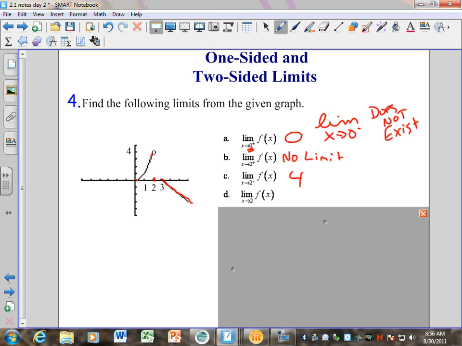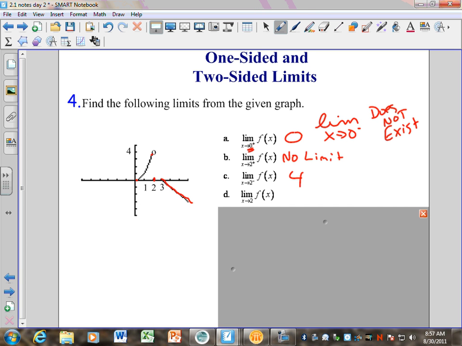So, what would be the limit as x approaches just 2? What does that mean when you see just 2 now instead of the right or the left? Yeah, it means coming from both sides. And we just said, in order for the limit to exist at c, which in this case is at 2, it has to be the same from both sides.